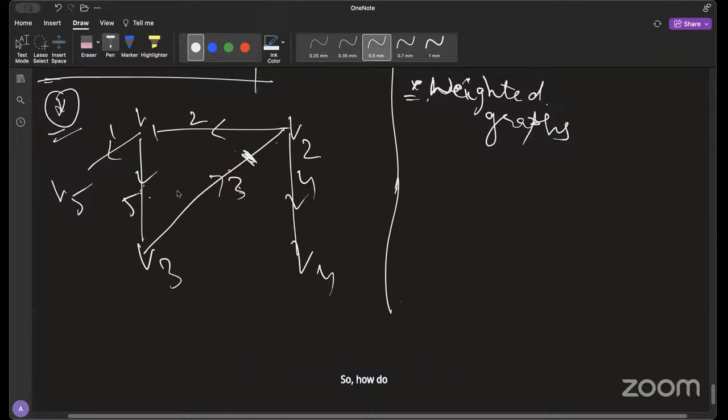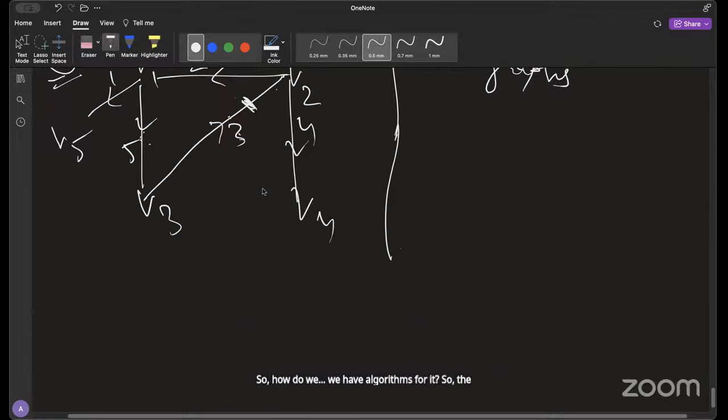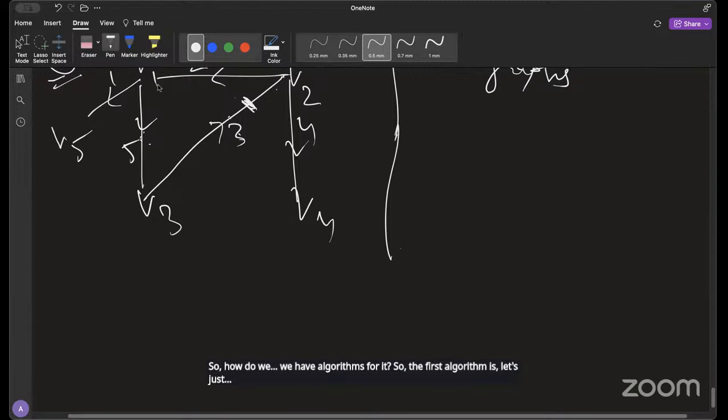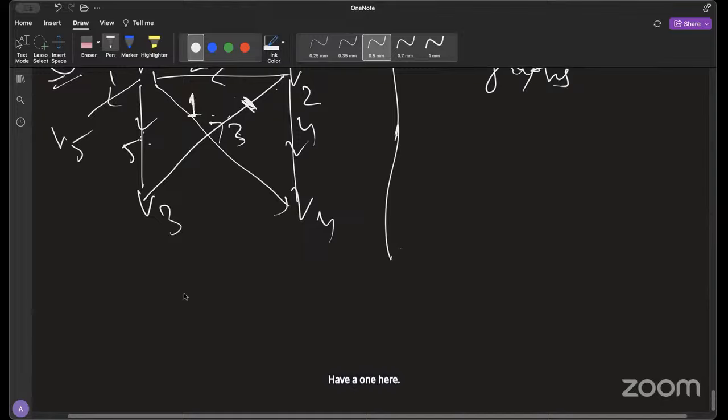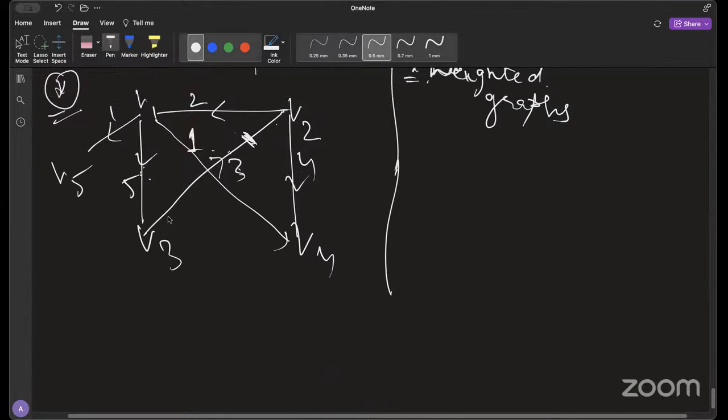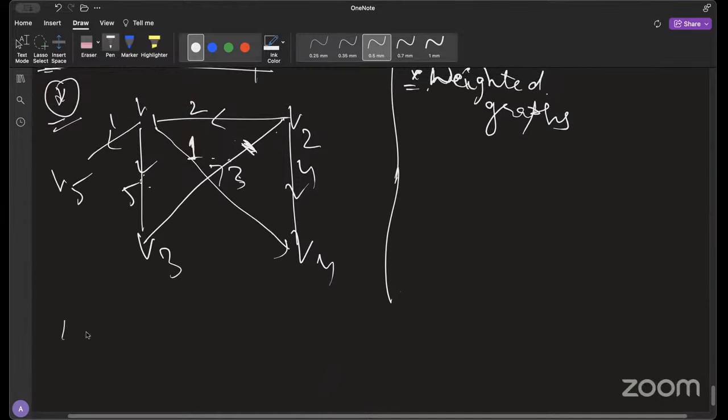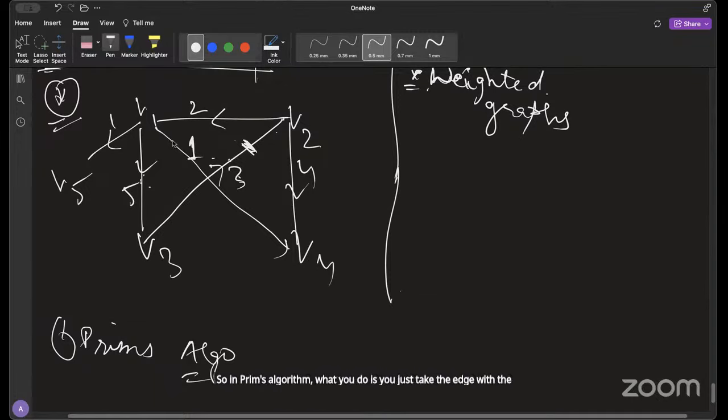So how do we have algorithms for it? The first algorithm is your Prim's algorithm. In Prim's algorithm, you just take the edge with the minimum weight. With minimum weight, there are two. This one edge has weight 1, and this also has weight 1.